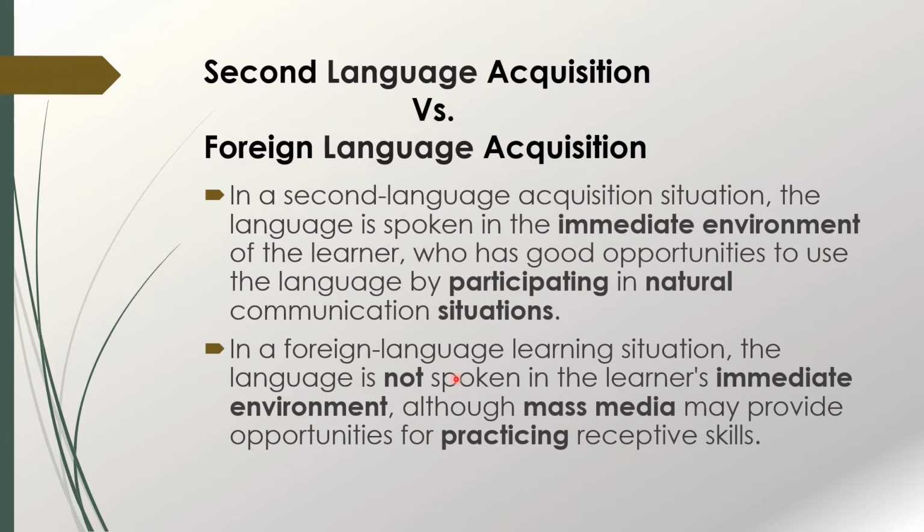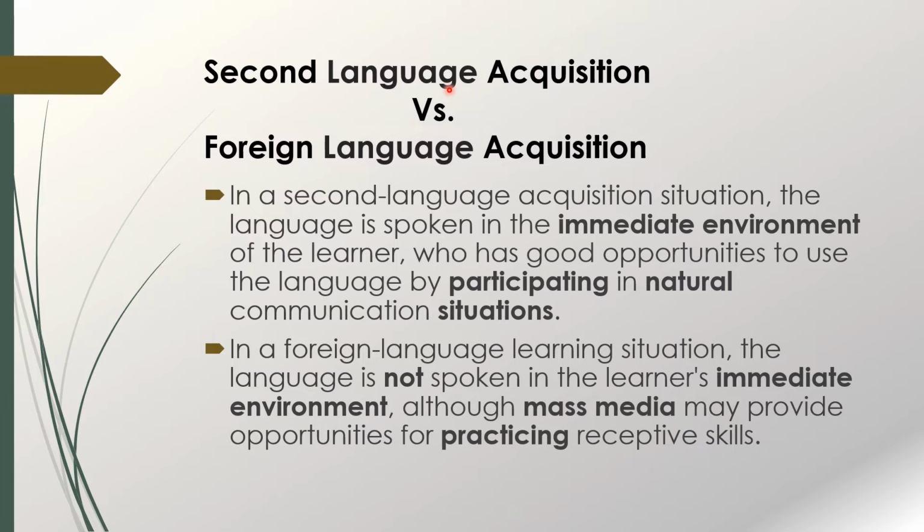Second language acquisition and foreign language acquisition are not the same. These issues arise because whenever you try to acquire a language, all of these things come together. For example, in order to have second language status, a language needs to have an official status.